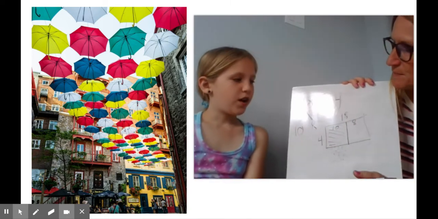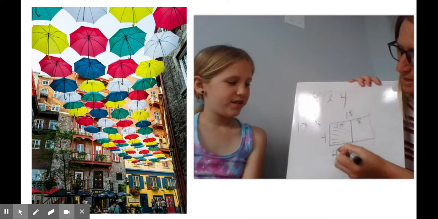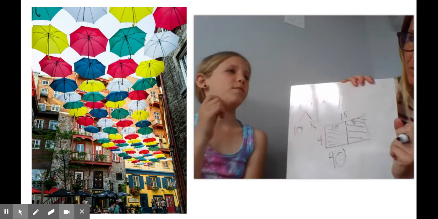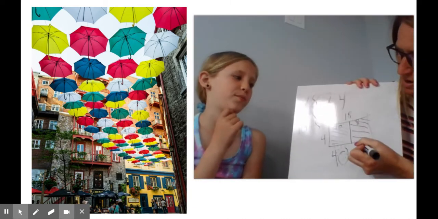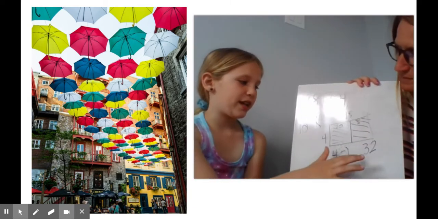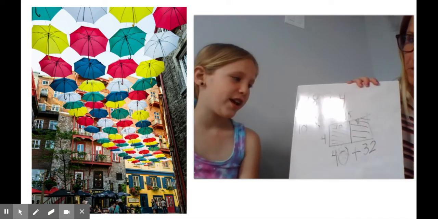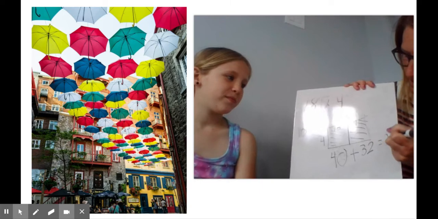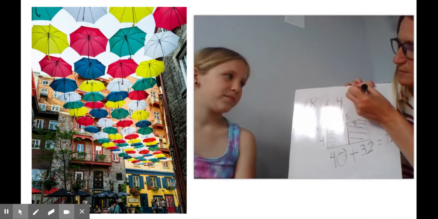What is 4 times 10, Lily? 40. 40. Okay, and what's the area of this rectangle over here? 4 times 8, and that's 32. And then what are we going to do? And then I'm going to add those two together. Okay. And that equals 72. 72. So you think that 18 times 4 is 72.